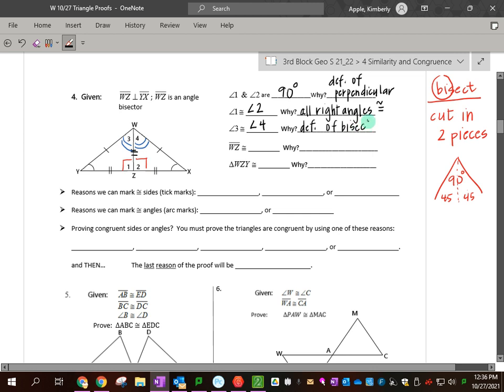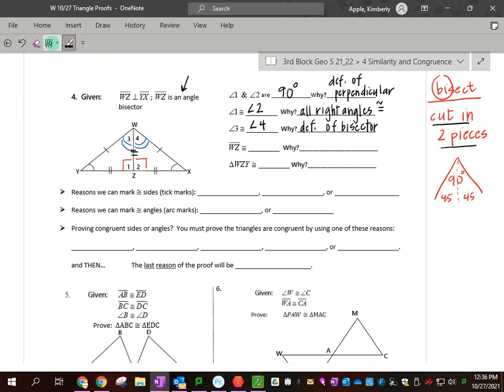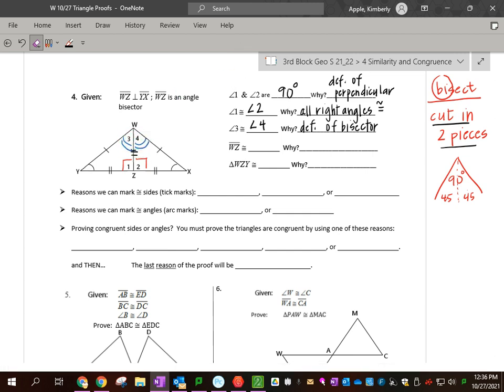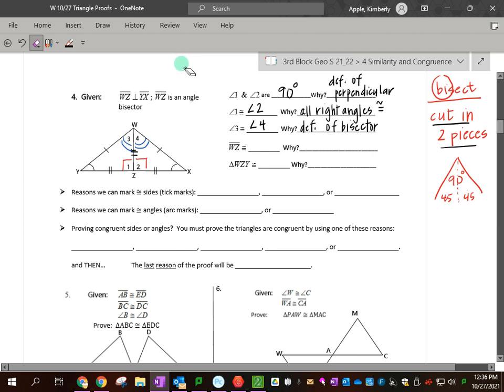The word bisect told me to do that because I know that a bisector means this. They told me that, remember? It's an angle bisector, and that's what prompted me to make these markings. So notice how I'm providing a specific justification for everything I did.